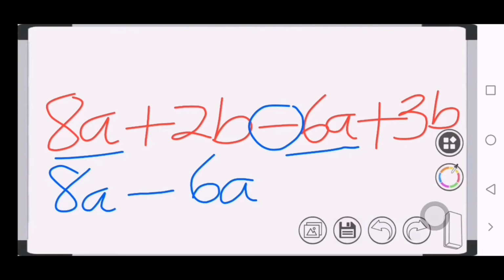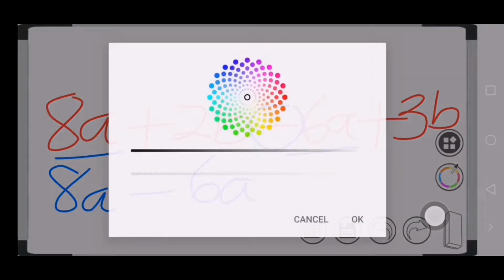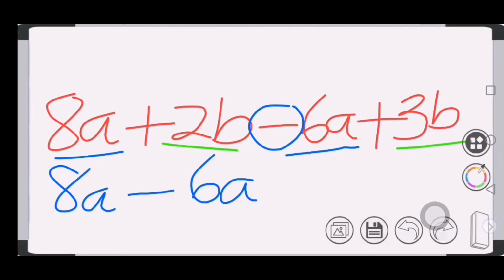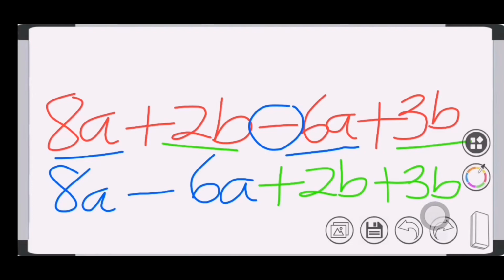All right. What is the next like term? We now have 2b and 3b. So what do we do? We put them together. We say plus 2b plus 3b.